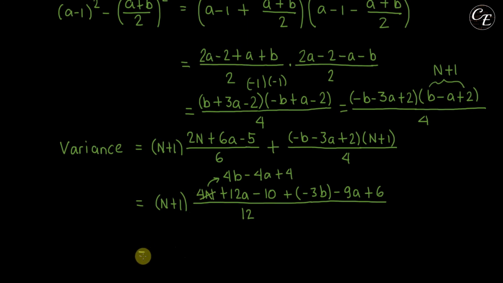So now it is equal to n plus 1, then times, we have 4b minus 3b is b, then minus 4a plus 12a is plus 8a, and then minus 9a is minus a, and then plus 4 minus 10 is minus 6, then plus 6 is 0. So what we're left with is just this b minus a and then over 12.